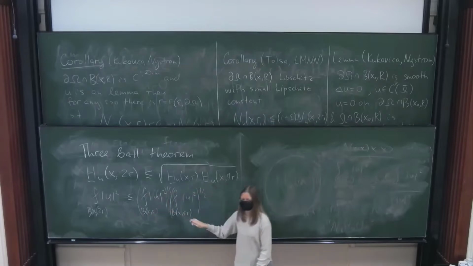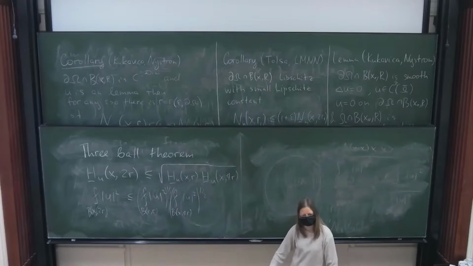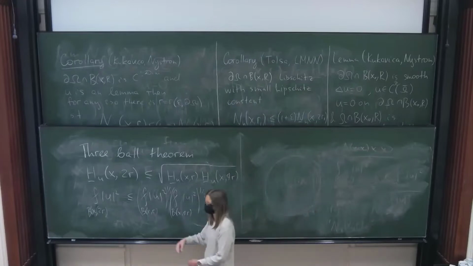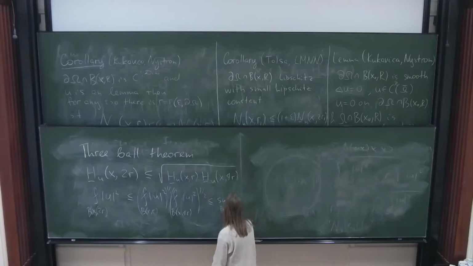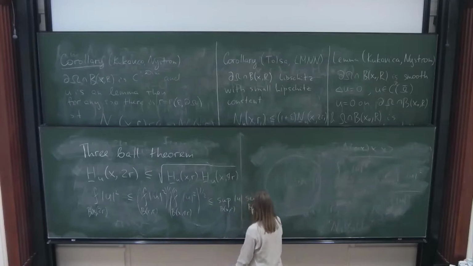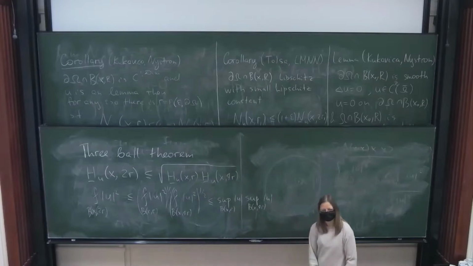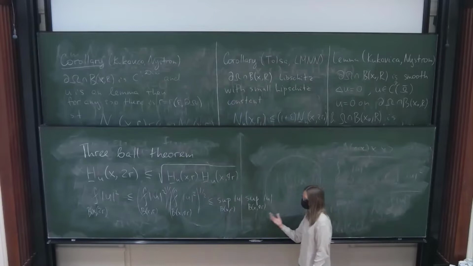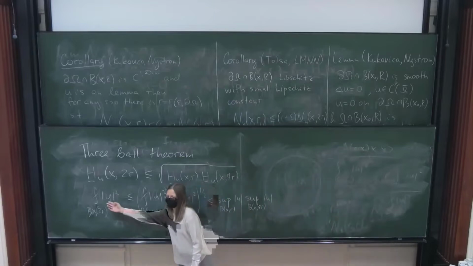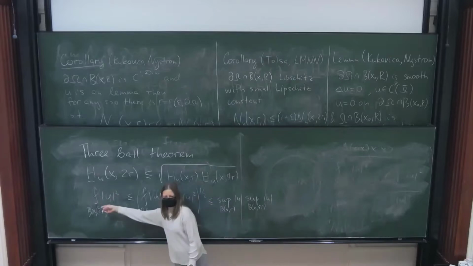I make the right hand side the maximum instead of the L2 norms. Harmonic functions or solutions of elliptic equations in a smaller ball are bounded by this average.